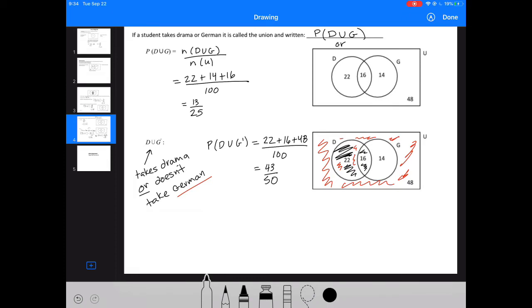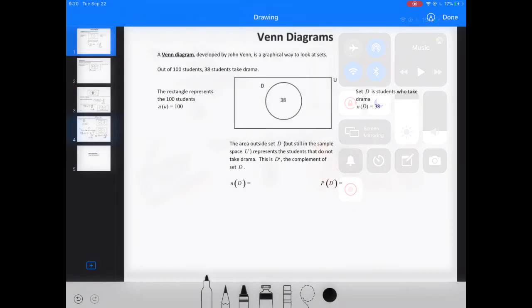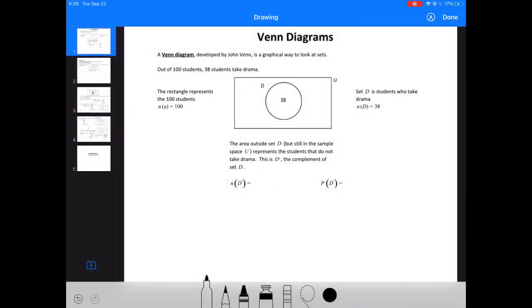So Venn diagrams are a graphical representation of sets. They can be great for you to picture which members belong in which sets and how to calculate the probability effectively. This video gives an introduction to Venn diagrams.